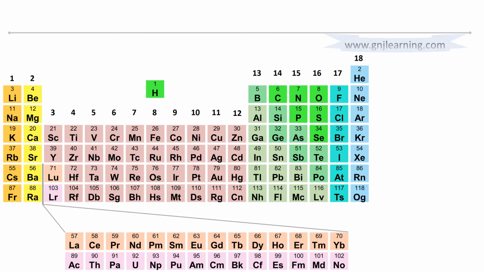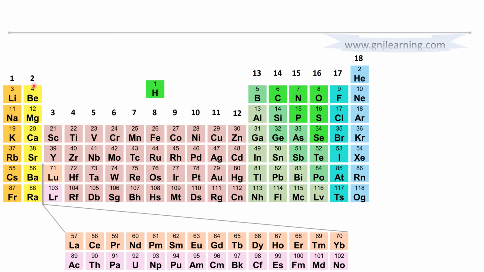As you can see here, there is 1, 2, 3 and so on, and it goes up to 18. So there are 18 groups. And we know the first group is named alkali metals.